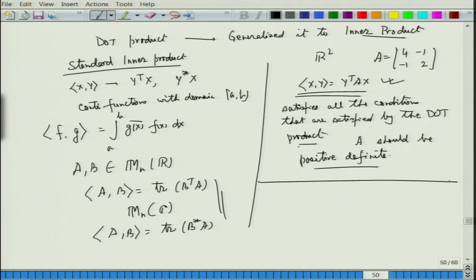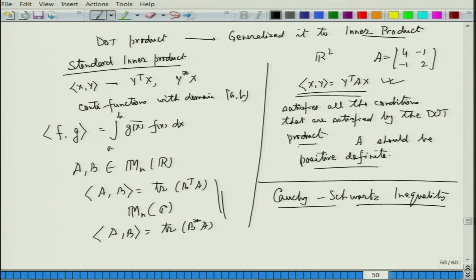The next idea that we had, once we have this dot product and so on, was the notion of what is called the Cauchy-Schwarz inequality. What we saw was that it's not only the standard inner product, but any inner product that I am looking at satisfies this Cauchy-Schwarz inequality.